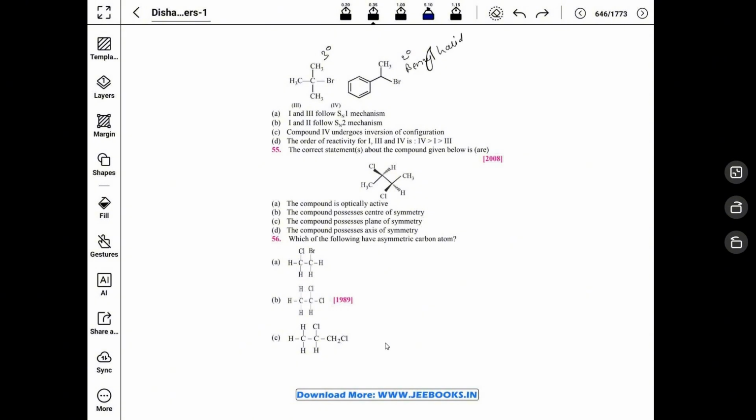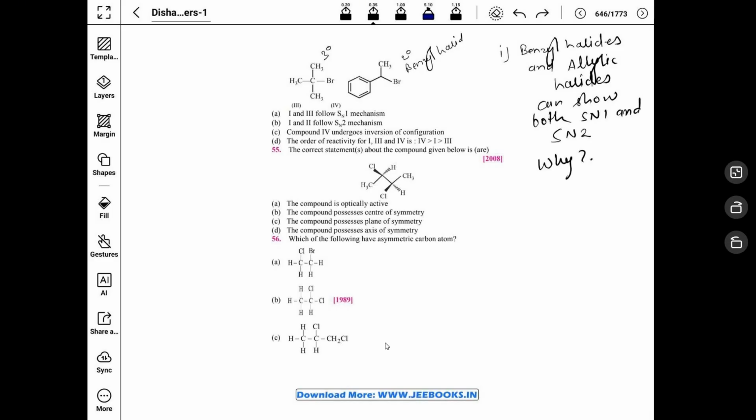To answer this question, we should recall some important facts. First important fact is that benzyl halides and allylic halides can show both SN1 and SN2 mechanisms. Why? Because we know that carbocation is stable in the above cases. So we know that benzyl carbocation and allylic carbocation are stable.